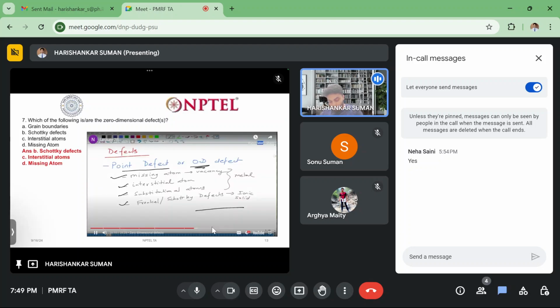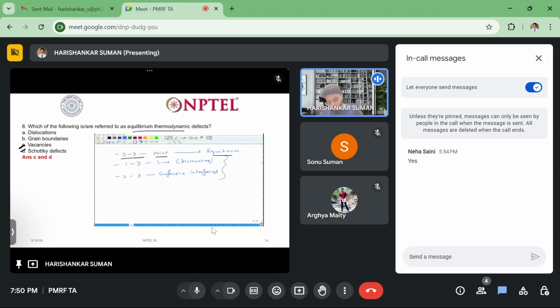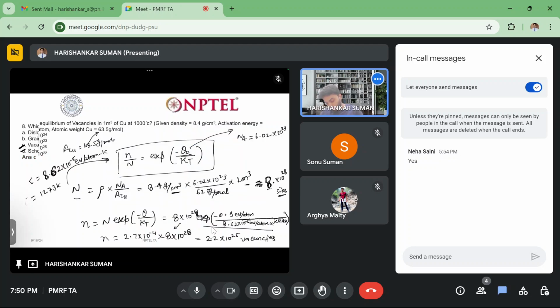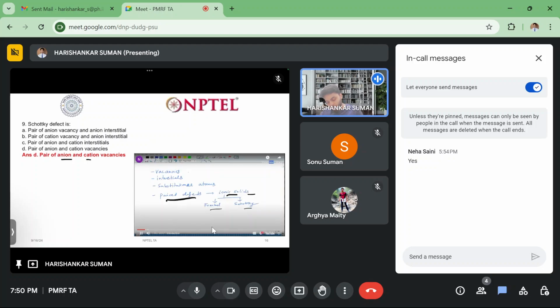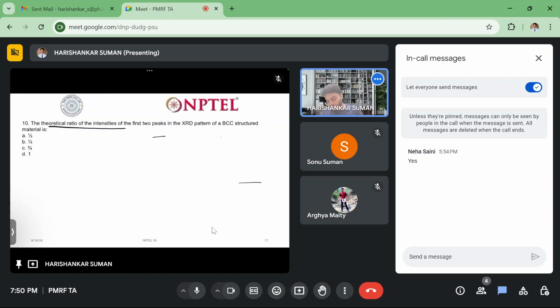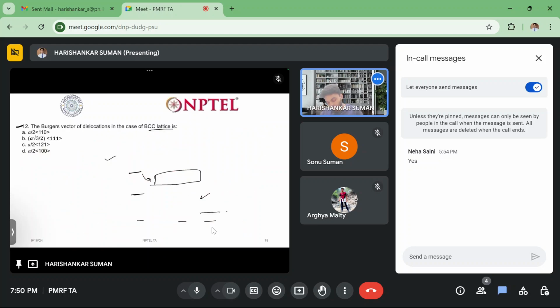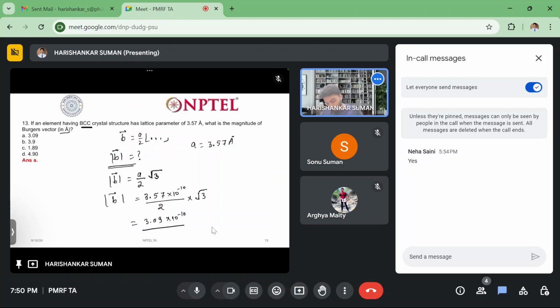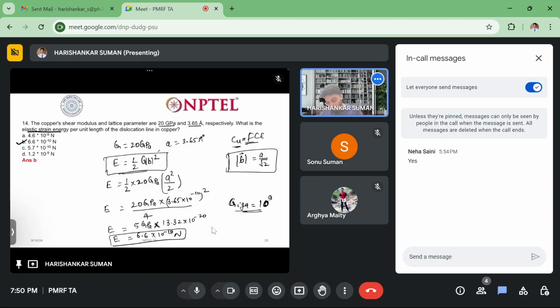Then discussion is about zero-D defects, also zero-D defects and equilibrium thermodynamics effects. Then the number of vacancies we have calculated for copper. Schottky defect is a pair of anion and cation vacancies. Then the theoretical ratio of intensity we have calculated. Then Burgers vector, magnitudes and elastic energy.